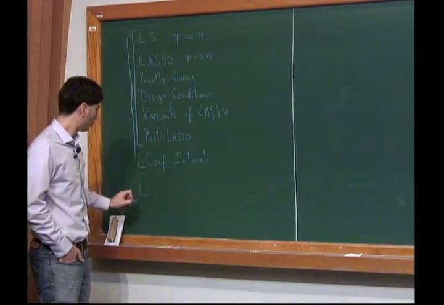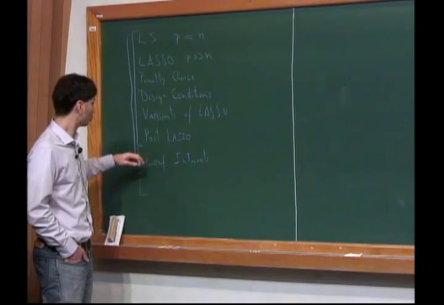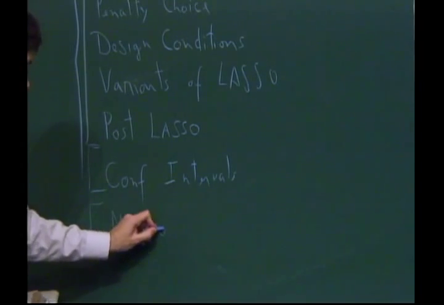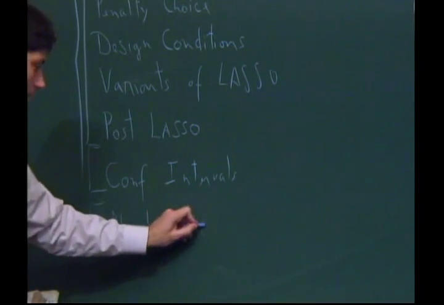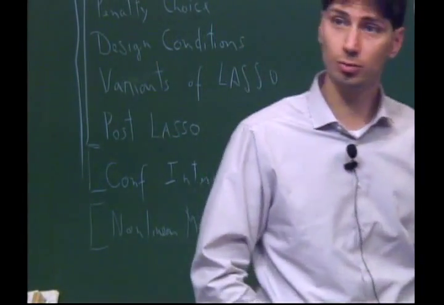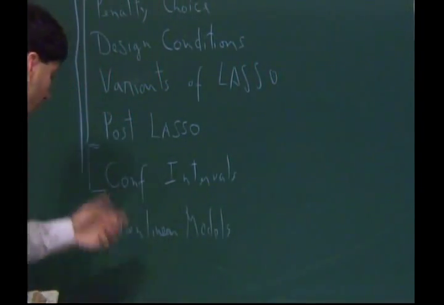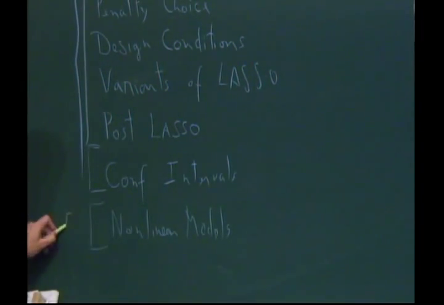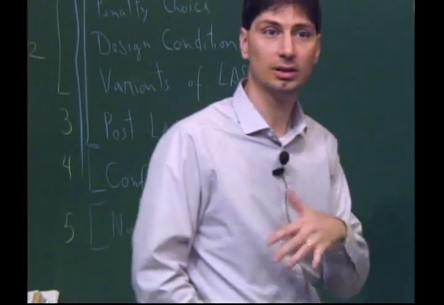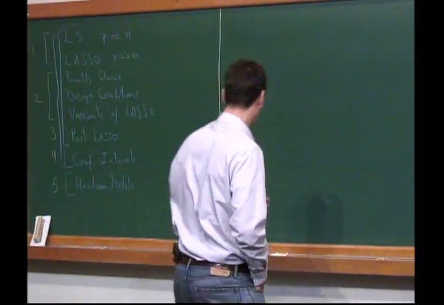In the last class, I hope to have one full day to talk about the generalization of the results for nonlinear models. I'm probably going to mention examples of nonlinear models either today or tomorrow, but this is what I have been thinking. So this should be lecture 5, this should be lecture 4, this should be lecture 3, this should be lecture 2, essentially, and 1. It's going to be a little bit fluid, depending on how fast we can go, but that's kind of the brief sketch of how I intend to go.